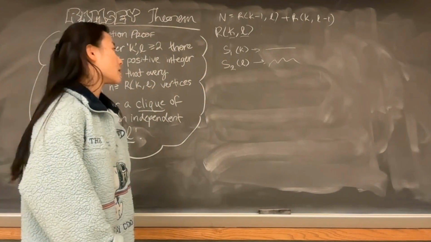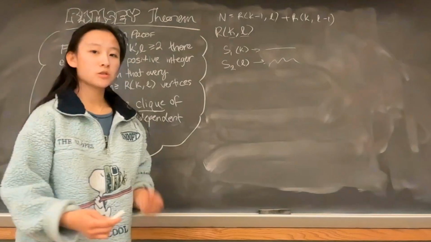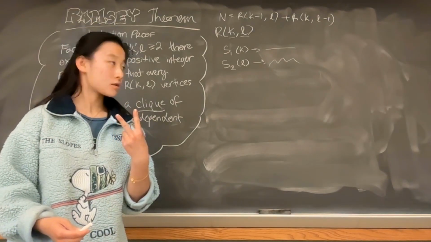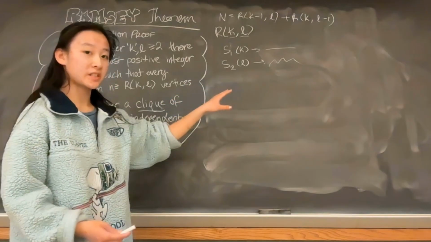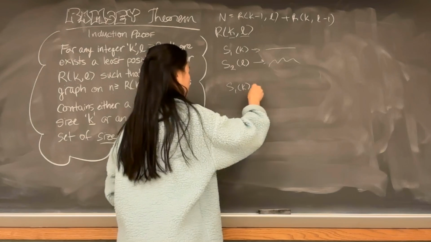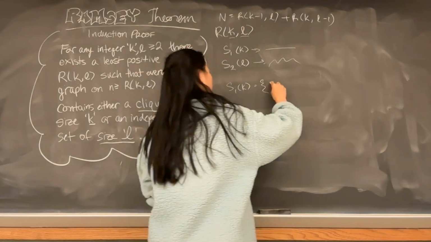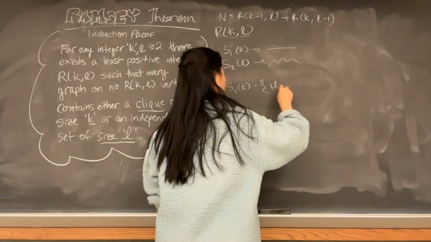To proceed, we have two sets that we want to define. Let's first define the set K of K. In this case, we have 2 cases.